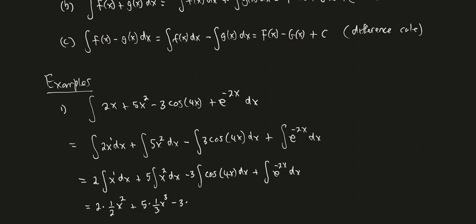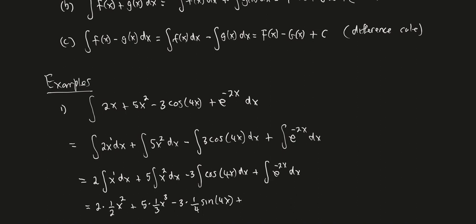Now for the cosine function, the cosine of 4x, we're going to divide by 4, or equivalently multiply by 1/4. And I know that when I differentiate sine, I will get cosine, so this will be the sine of 4x. And then lastly, plus.